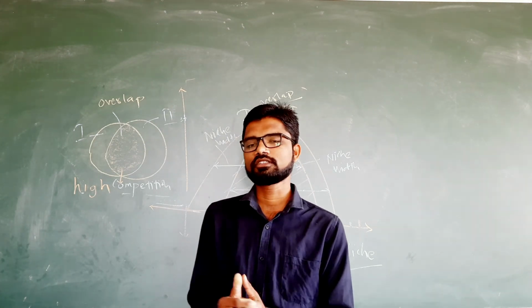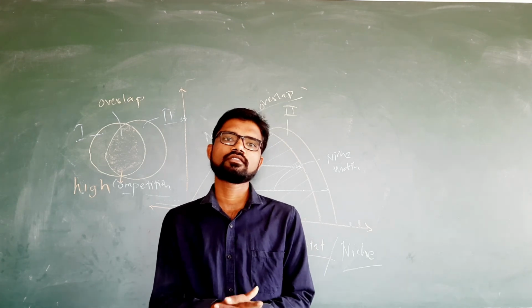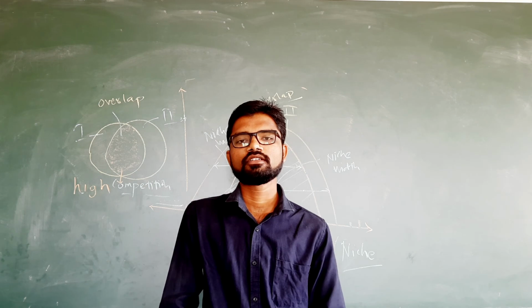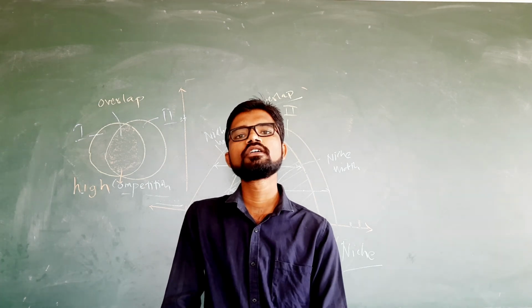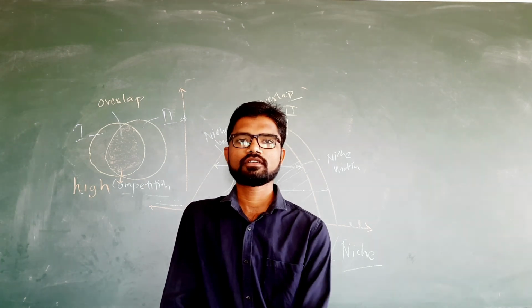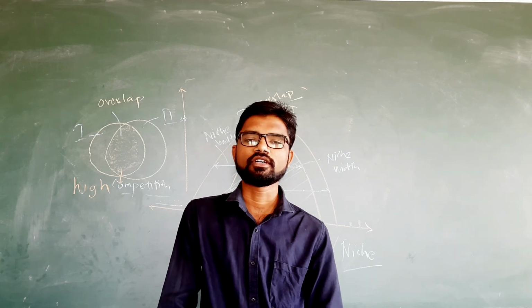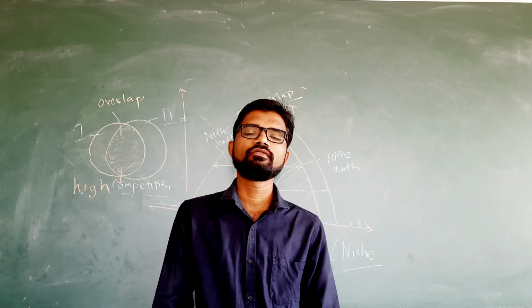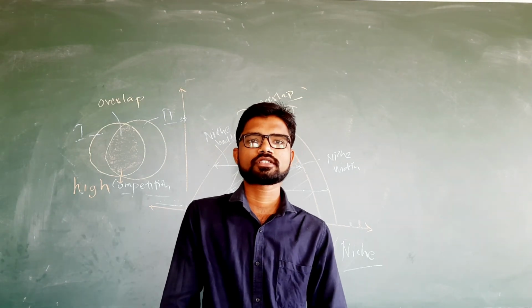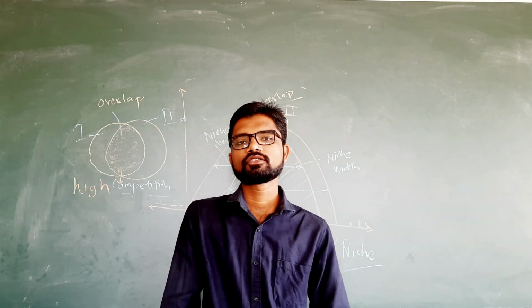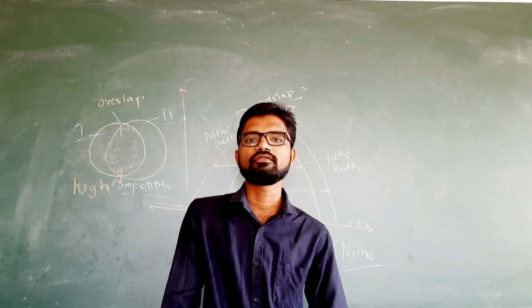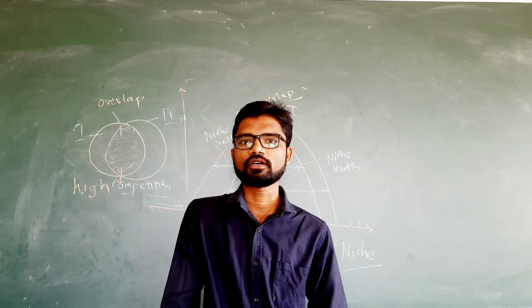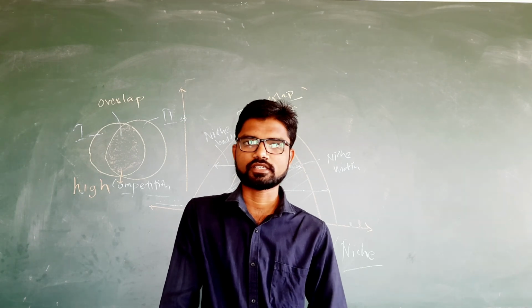The last part of the first chapter is the ecological niche width and niche overlap, which we discussed in today's lecture. So here I conclude that your first chapter is completed. The next chapter will start in tomorrow's lecture or the next lecture.